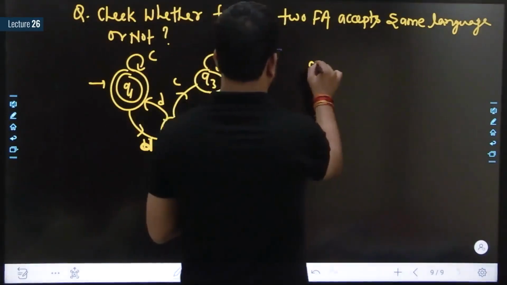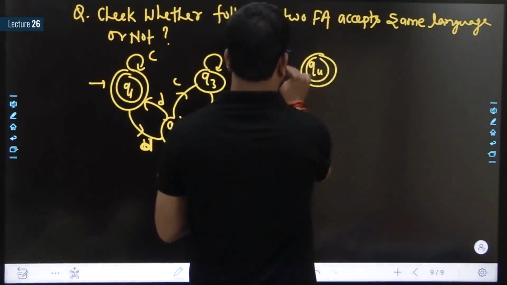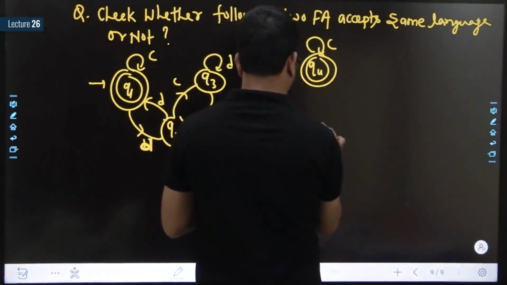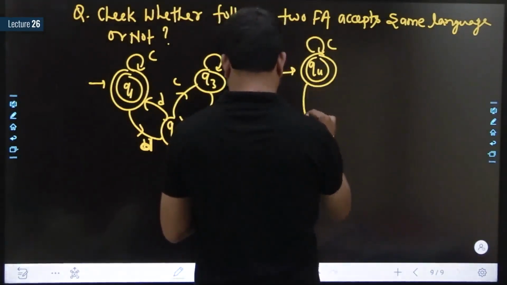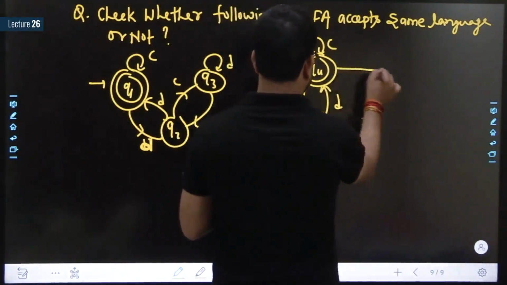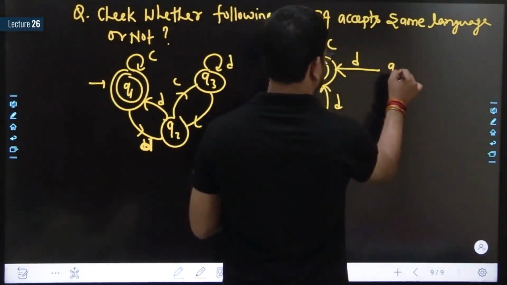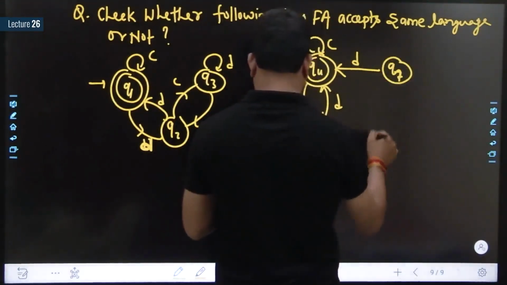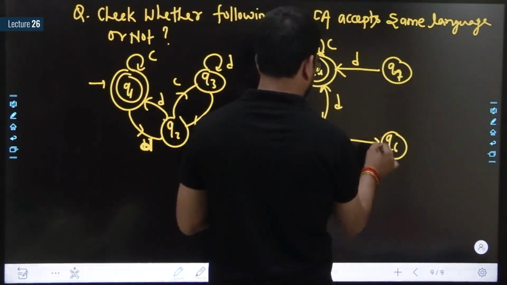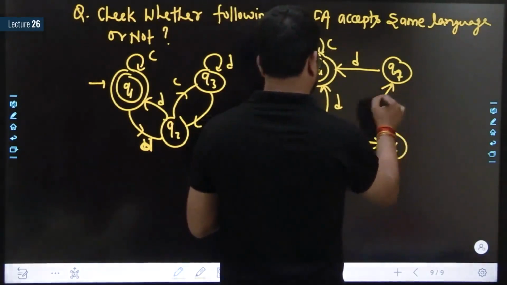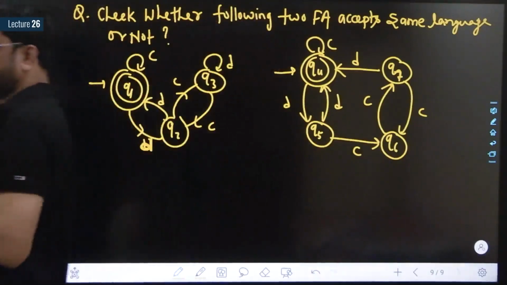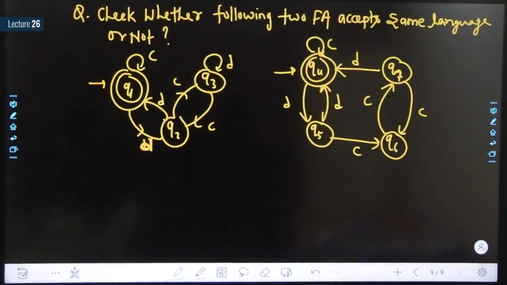Next is Q4, C, Q5, D, Q7, Q6, C. Check whether these two finite automata accept the same language or not.